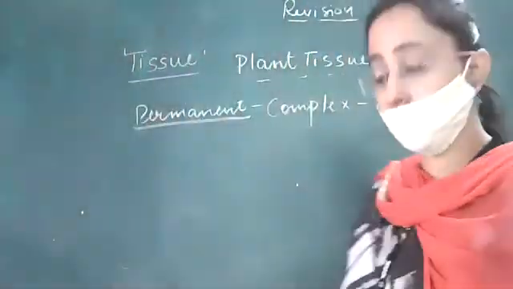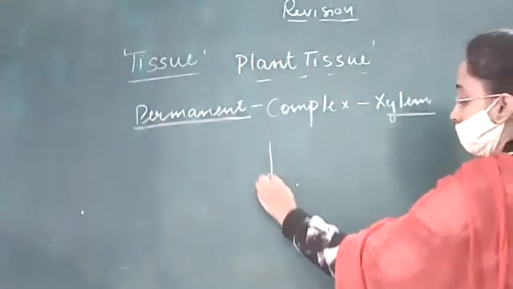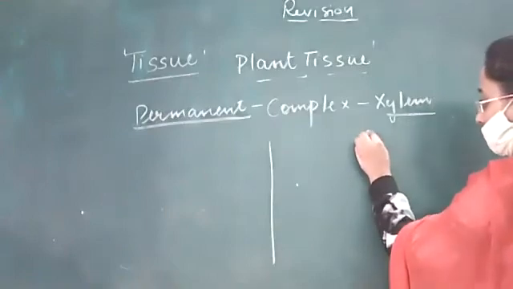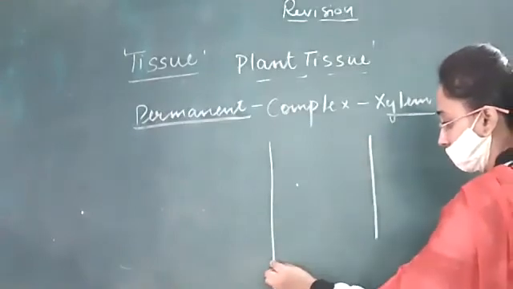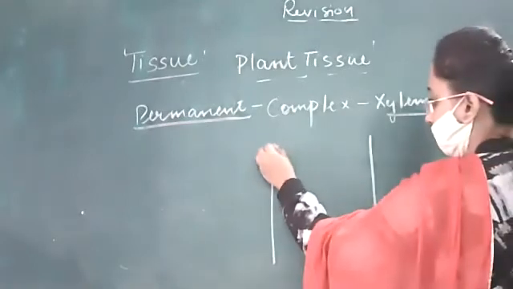So what is the structure of the xylem? Let us draw the structure of the xylem. So outer, these are the vessels actually, जिनमें the ending is dissolved. The cell wall is dissolved somewhere to form a continuous layer.